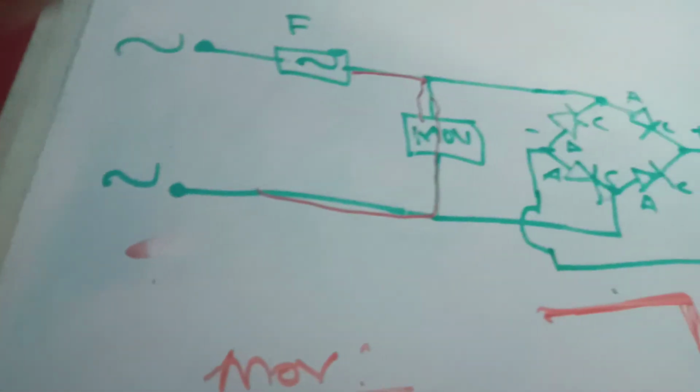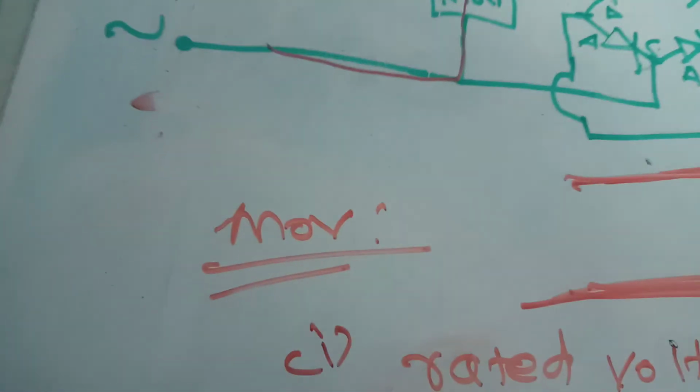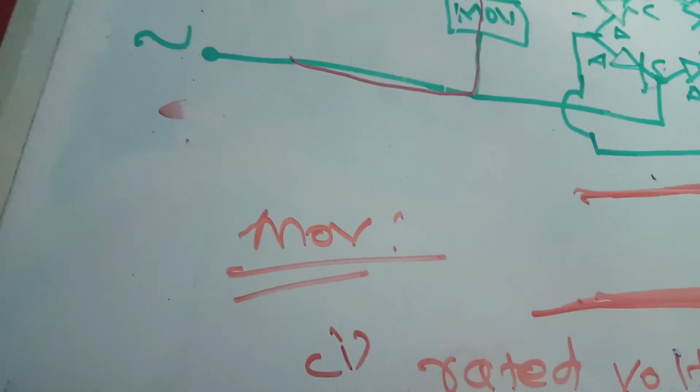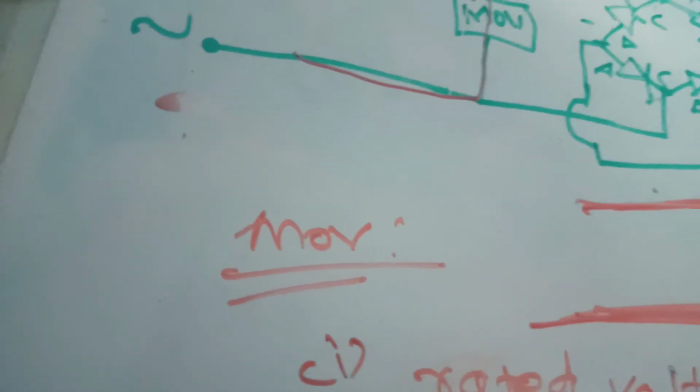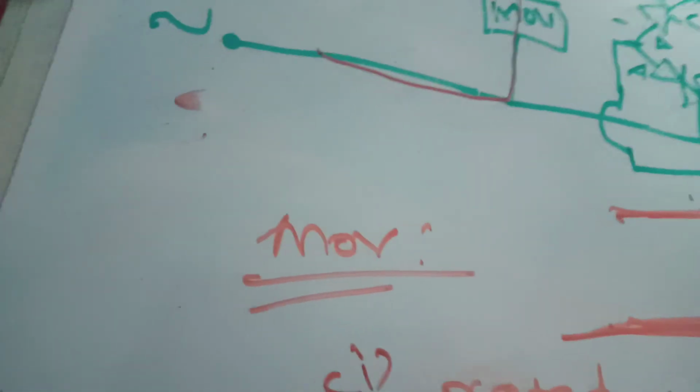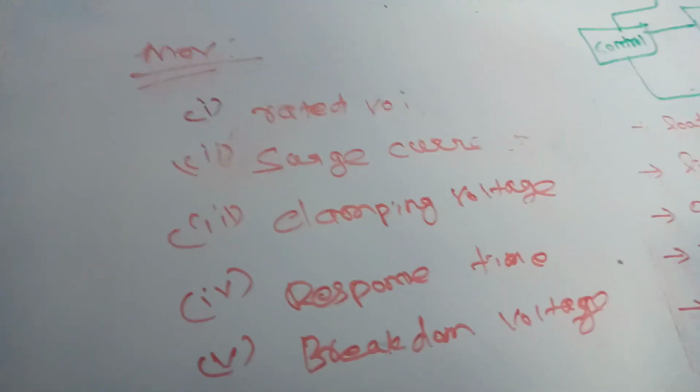It allows only up to this range, the input range will work. Understood? And the surge current we need to choose, maybe 2 amps or 5 amps or 8 amps, according to your design.